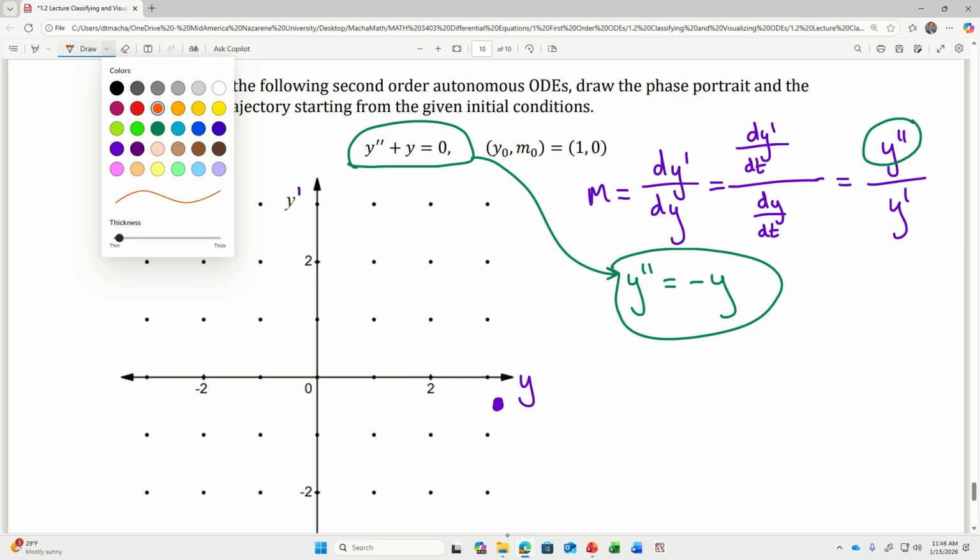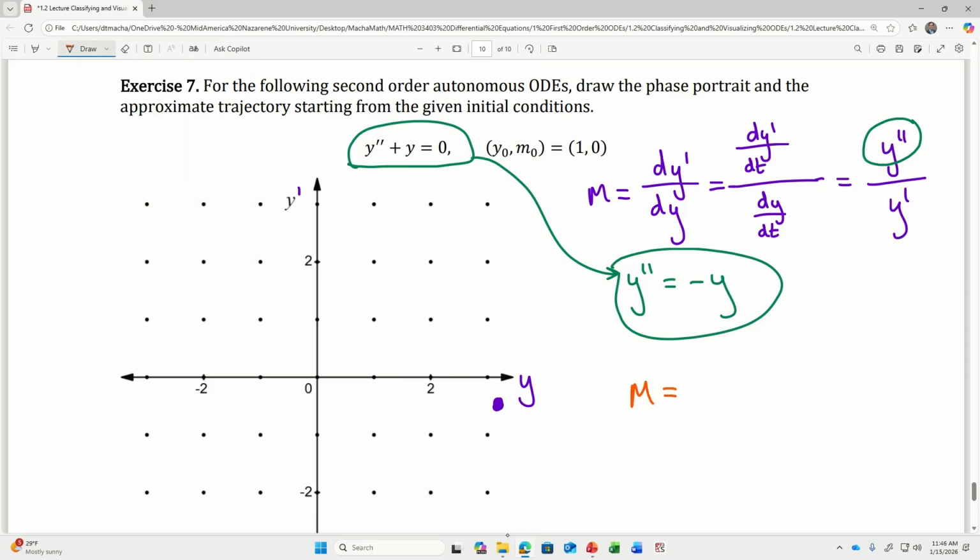And I'll get that the slope at each point is going to be negative y divided by y prime. I don't need to do anything more because y and y prime are the coordinates of my plane right here, of my grid.